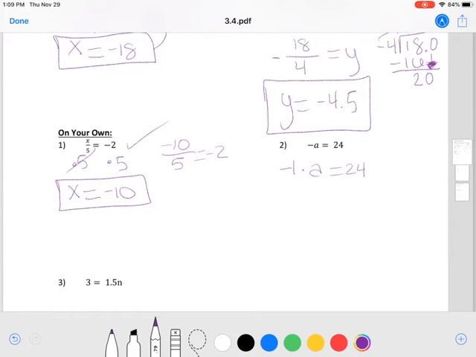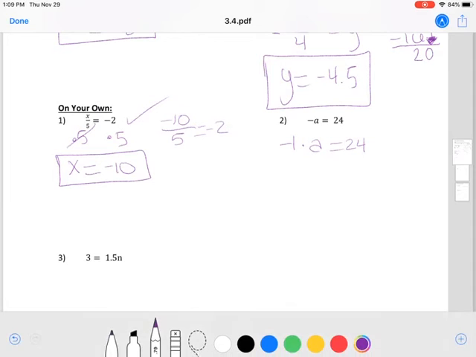All right, let's try number 2, the one that might have been a little tricky for some of you. So we have -A equals 24, and I highlighted that out. I expanded it because I wanted you guys to truly understand, to be able to see the multiplication in case you didn't already see it in the -A. So it's really just saying -1 times A equals 24.